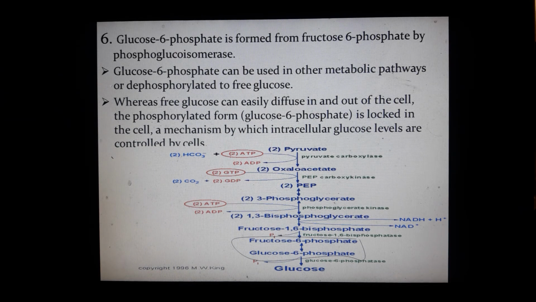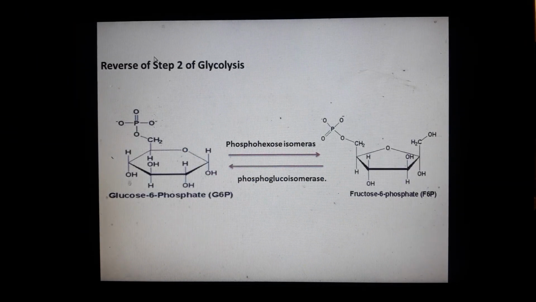Meaning fructose 6-phosphate is converted to glucose 6-phosphate, then to glucose. That is the reverse of step number 2 of glycolysis. Glucose 6-phosphate is converted to glucose by the glucose 6-phosphatase enzyme.